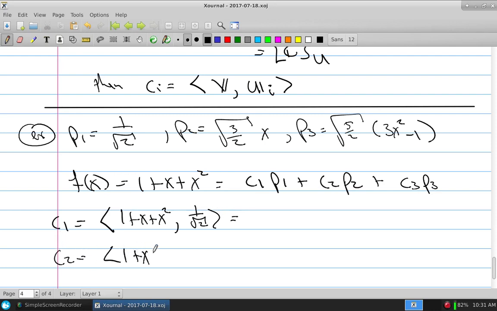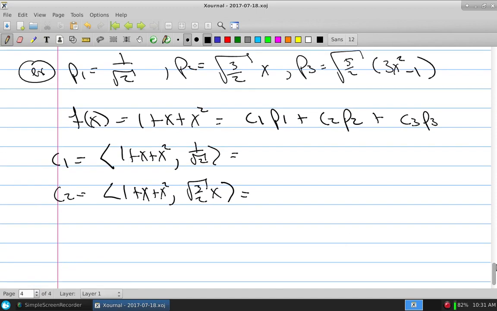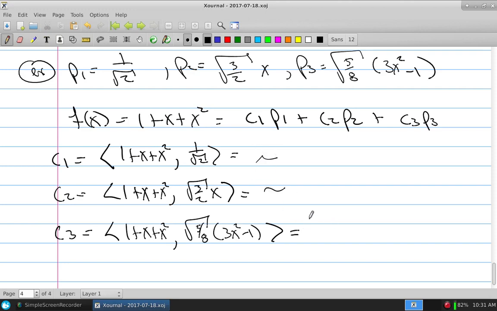I'm at 1 plus x squared, but I'm comparing it to radical 3/2 x. How do I do that inner product? I integrate from negative 1 to 1 those two multiplied. And then my last coordinate, how much C3 do I need? I need 1 plus x squared times radical 5/8 of 3x squared minus 1, and still I have to finish each of those. If I do those integrals, I get the coordinates.